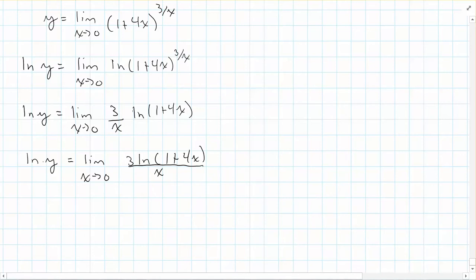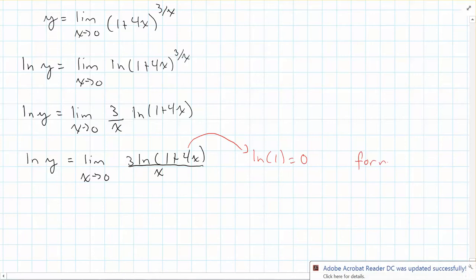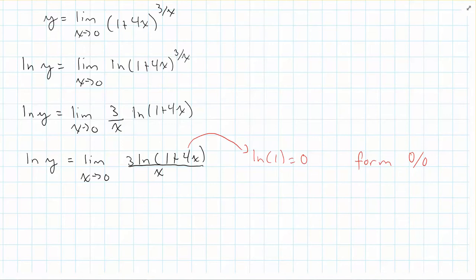And if you think about this for a second, well, what's inside here is going to go, well, the 4x is going to go to 0, but what's inside there is going to go to the natural log of 1, but that is equal to 0. So my form is 0 over 0. So I can apply L'Hopital's rule directly to this.